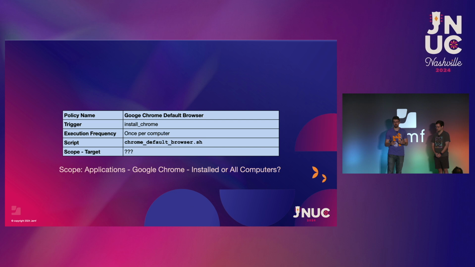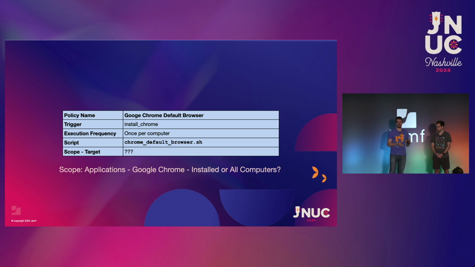But if you think it through, if you have a new computer that doesn't have Chrome, it runs the install Chrome custom trigger, that installs Chrome, and now that computer is in the application's Google Chrome installed smart group. But when a custom trigger's run, what Jamf does is it goes and gets a list of all the policies on that trigger, and then it runs those policies in order. It does not update the list of policies it's going to run after it runs the first policies in that group.